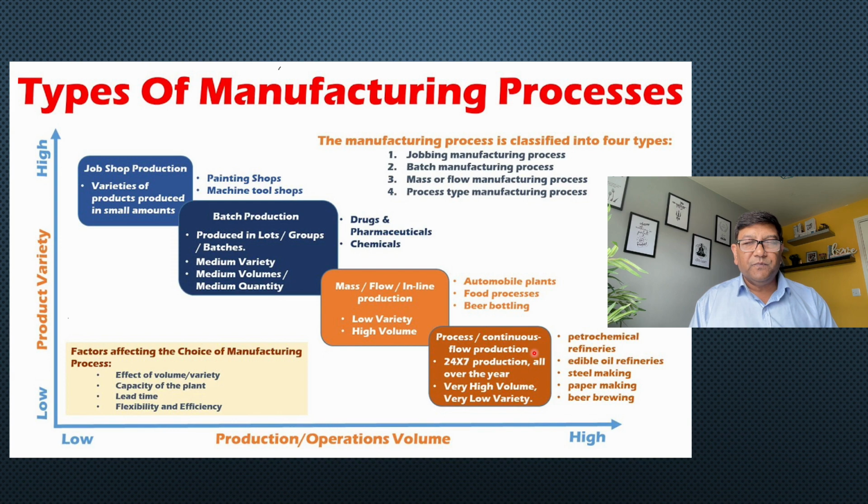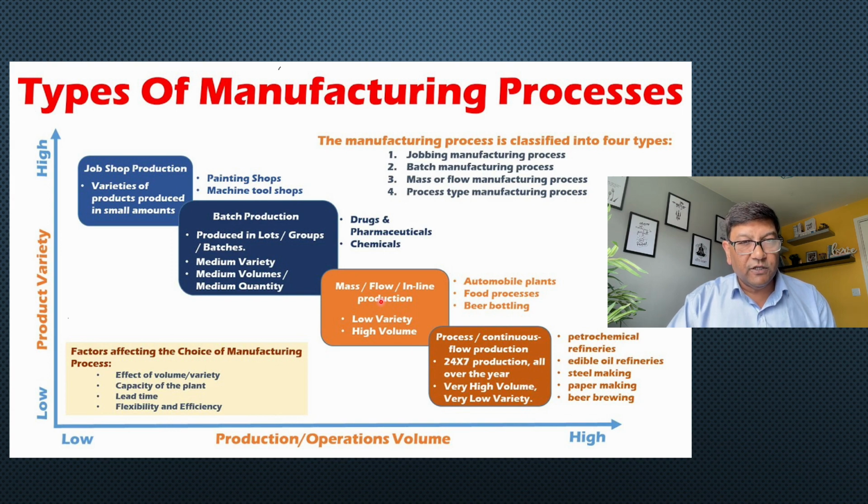So that is where we come up with mass flow or inline production, not continuous anymore. Mass production has low variety but still high volume, but there is some variety. In continuous flow, we had very low variety but very high volume.